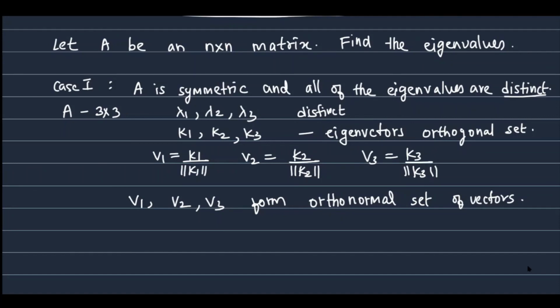So the new matrix V will have 3 columns: the first column will be v1, then v2, v3. So we got v1, v2, v3 which form an orthonormal set. Now if we write v1, v2, v3 as the column vectors, we will get a matrix V and this V will be an orthogonal matrix.